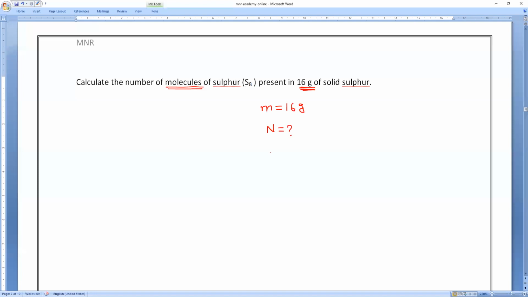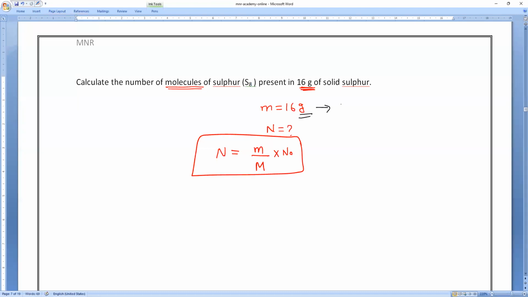What formula do we have to use? The fourth formula. Number of particles is equal to given mass divided by molar mass, into Avogadro number. Understand? That's all it is.